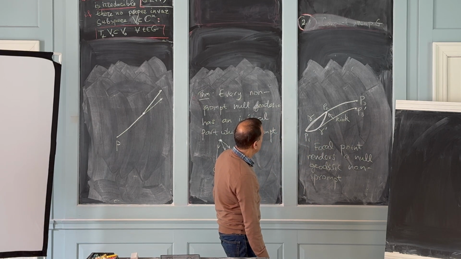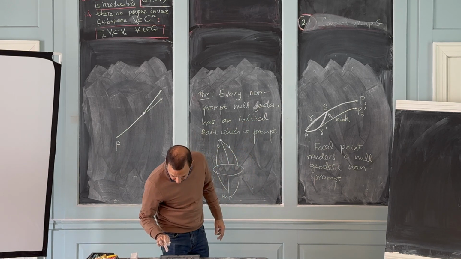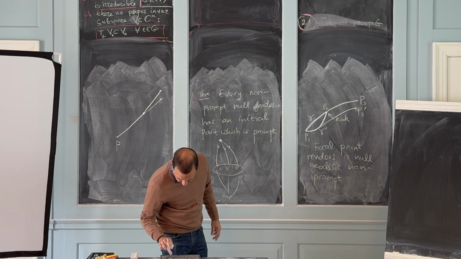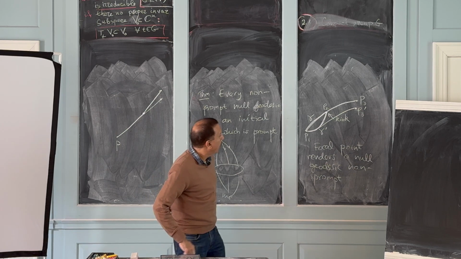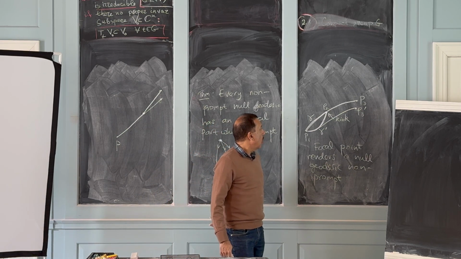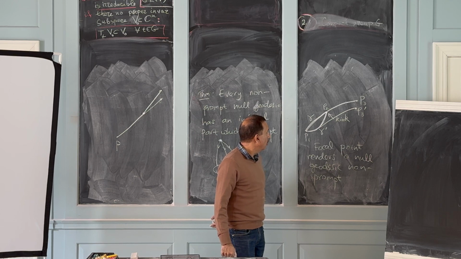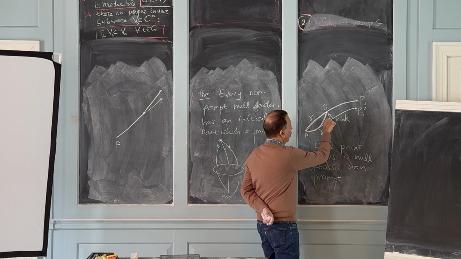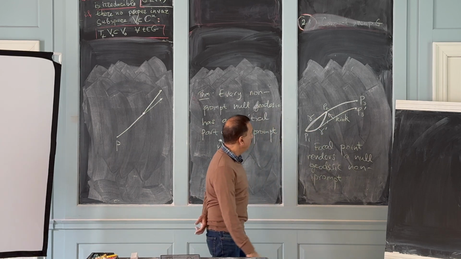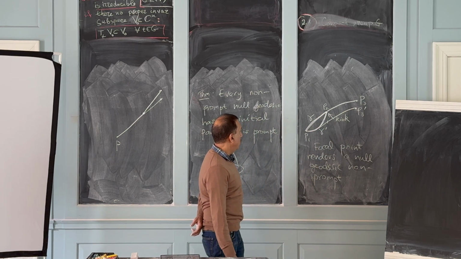Sorry. I think I might have said something wrong. This is bothering me a bit. Give me a second to figure this out. Yeah, what you're saying is that this curve was always more prompt than that. So that was never prompt. But somehow this should not be the right argument.